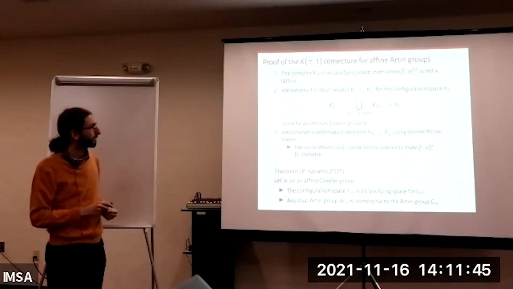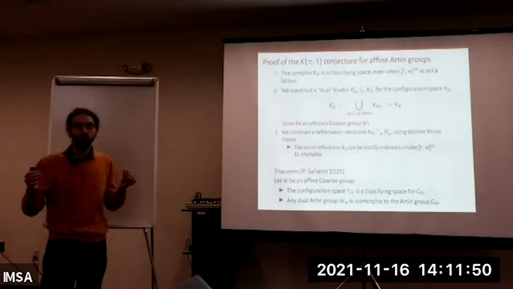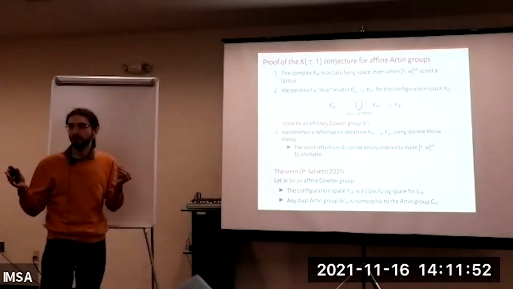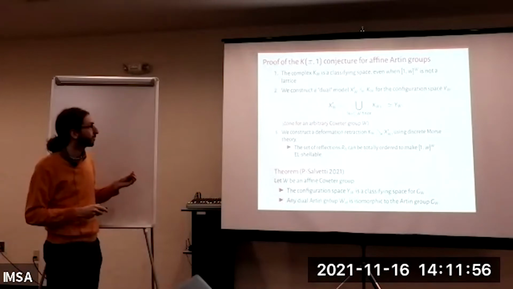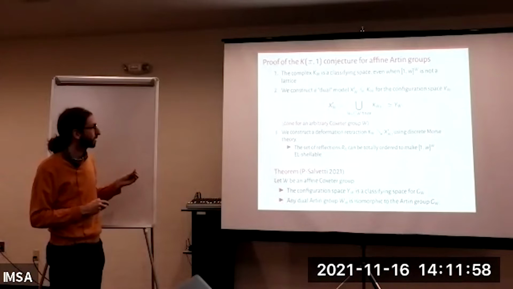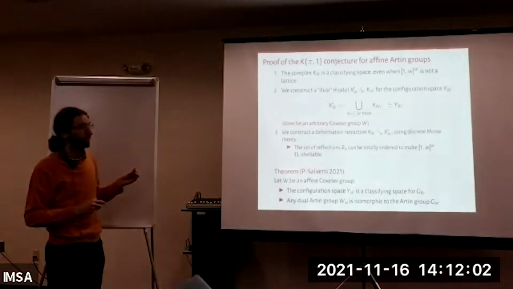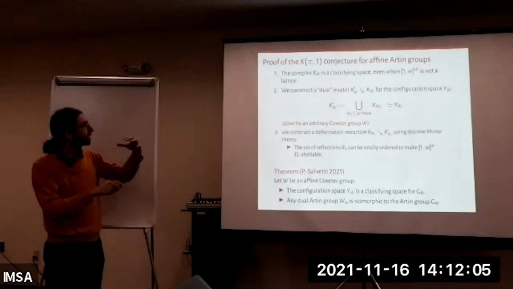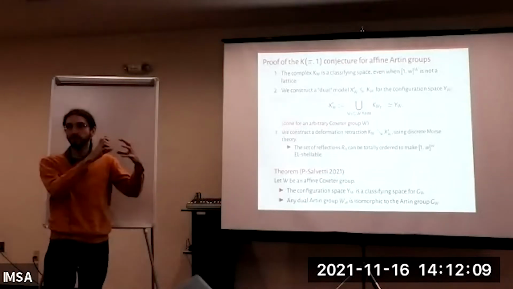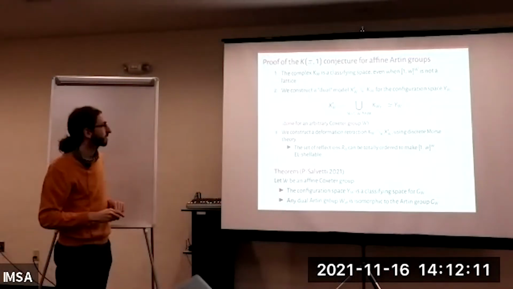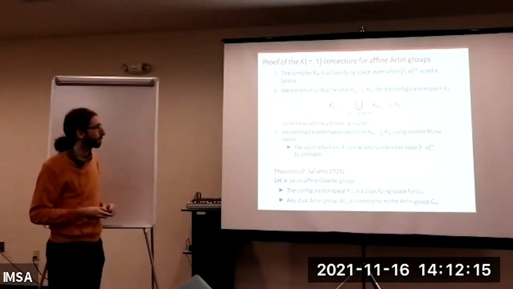So once we got this, the idea was, okay, now we need to prove that it is homotopy equivalent to our configuration space YW. So the second step was to find inside KW a subcomplex which is homotopy equivalent to YW. And by the way, it is also a finite subcomplex.